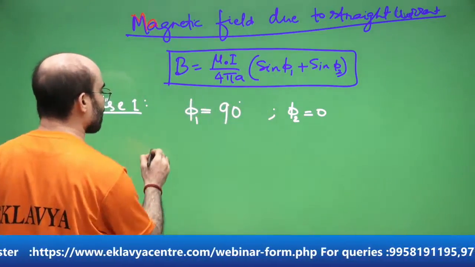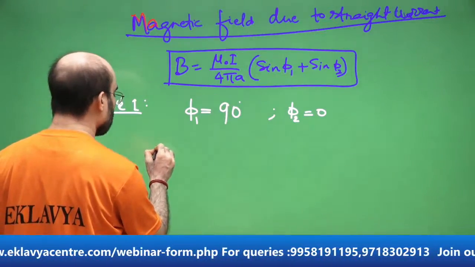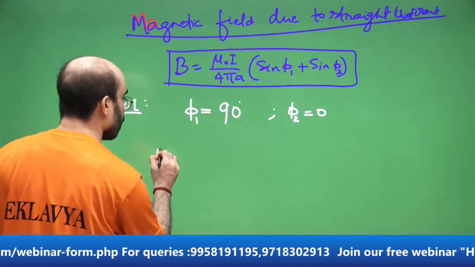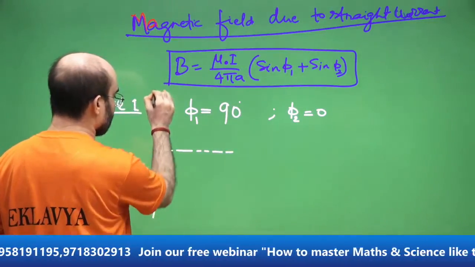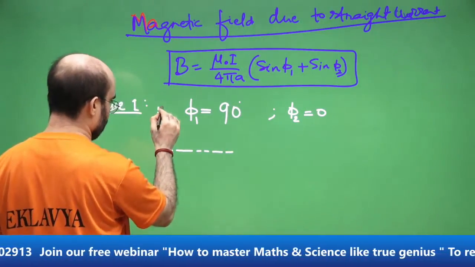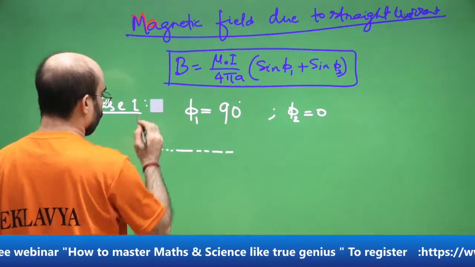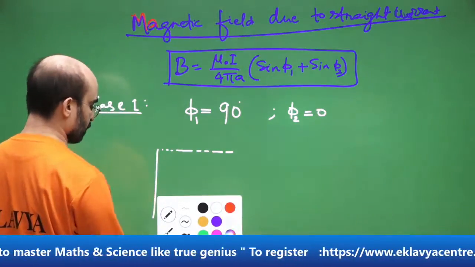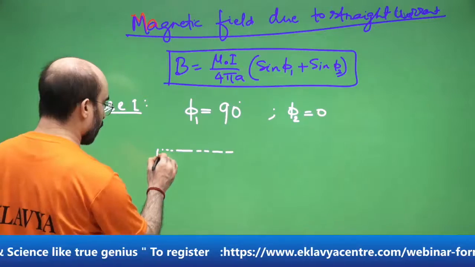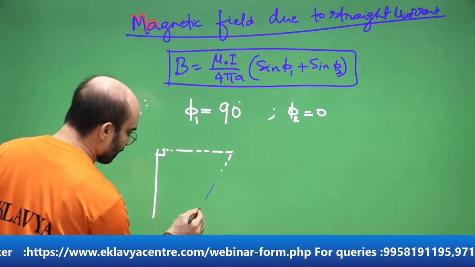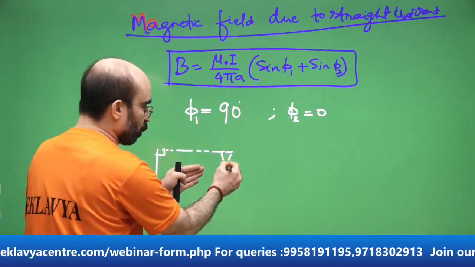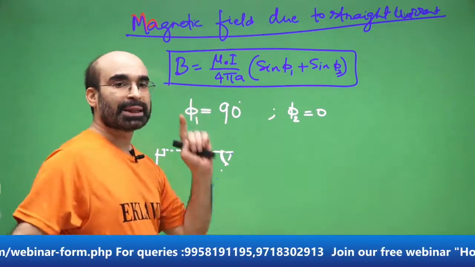If you are saying phi 2 equals 0, that means this end is not there. It has got only this end. This phi 1 is going to be 90 degrees.